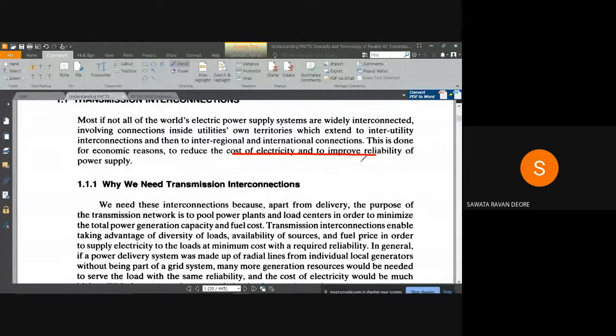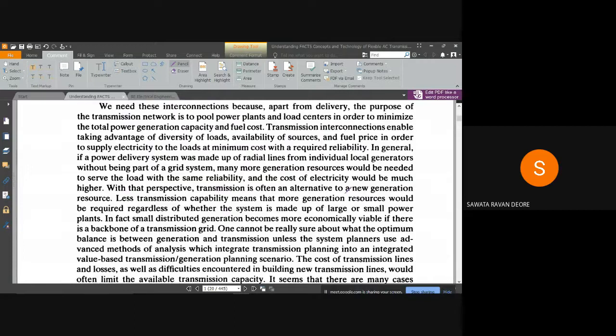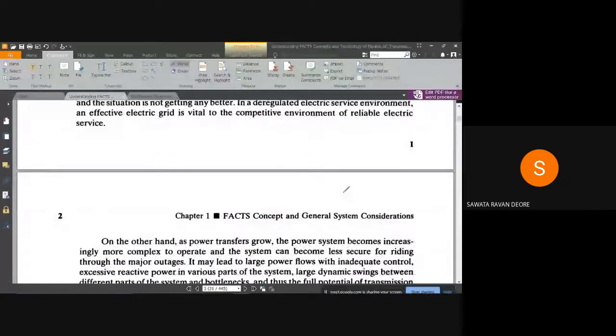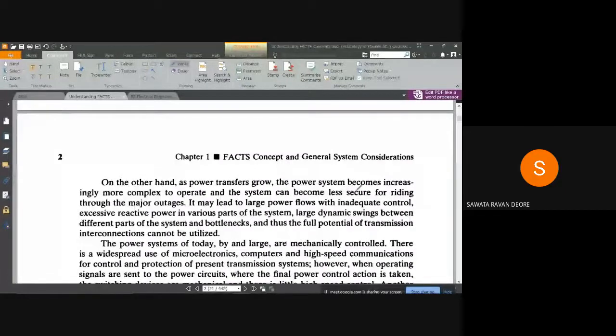So all these things are possible because of the interconnection of the transmission. So hope you are understanding. In order to make an economical and reliable power system, interconnection is important.